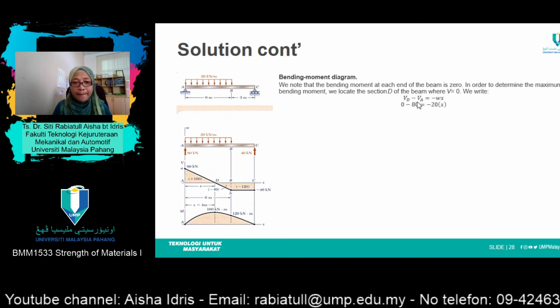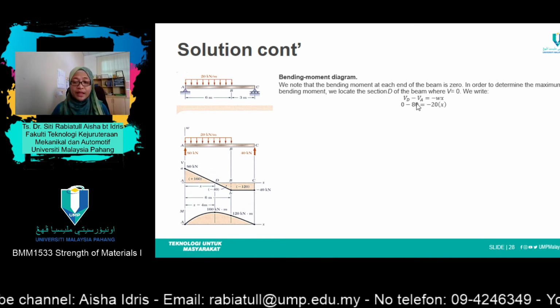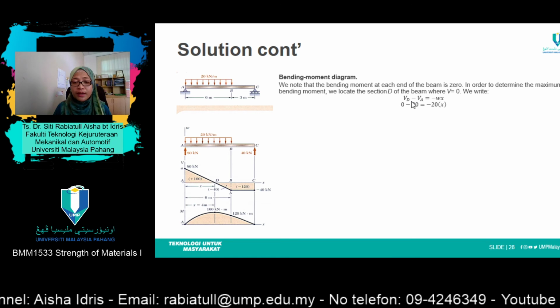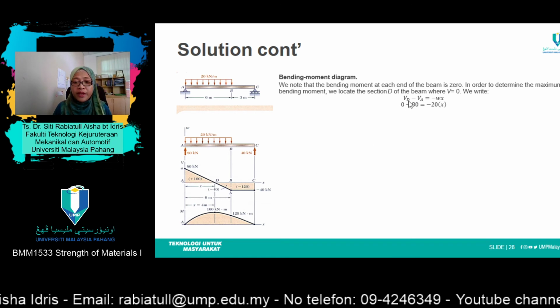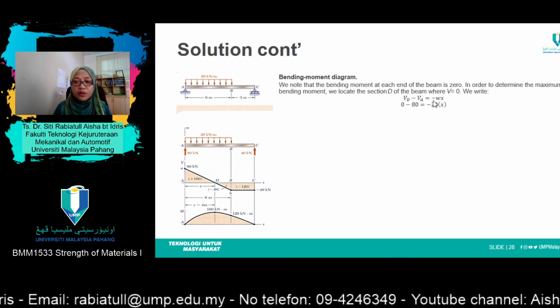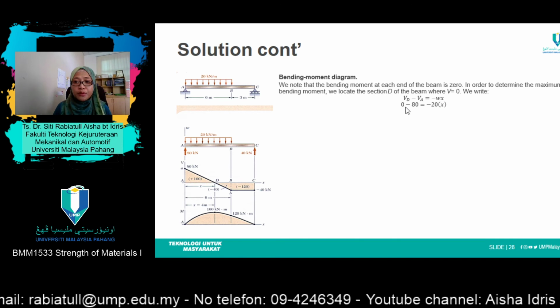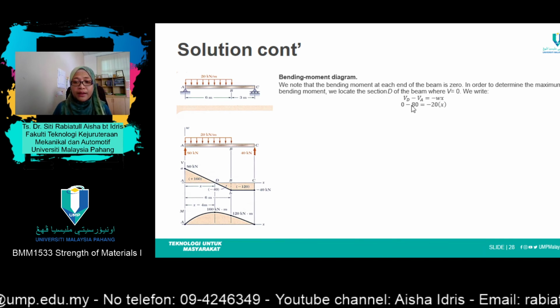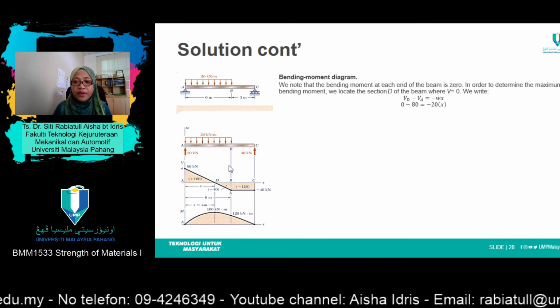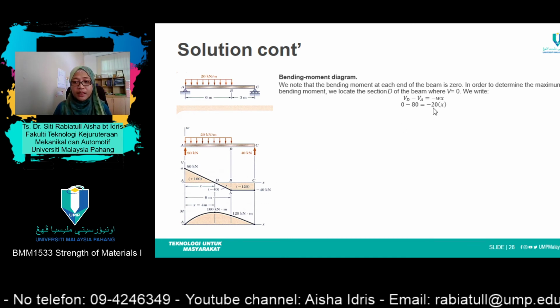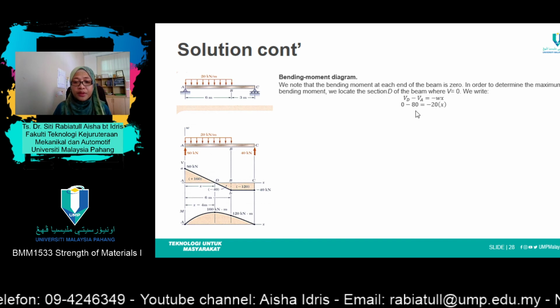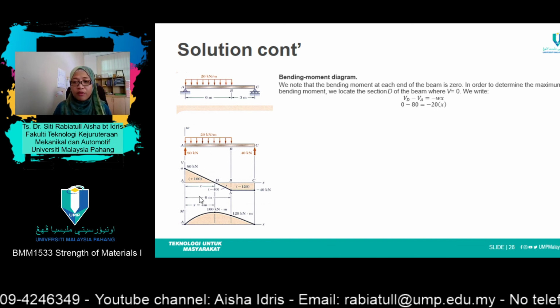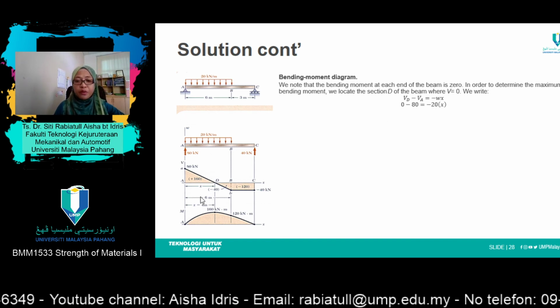Same as the previous slide, this is how you calculate the value of X. VD minus VA equals WX. You know VD equals 0, minus 80 for VA, equals negative 20 times X. So you'll get the value of X equals 4.